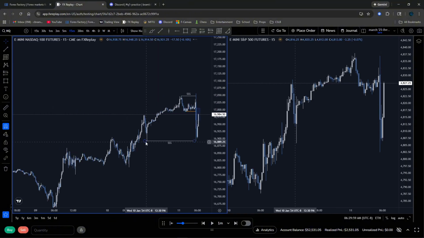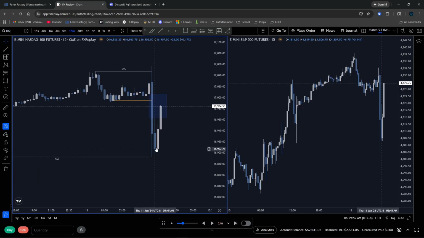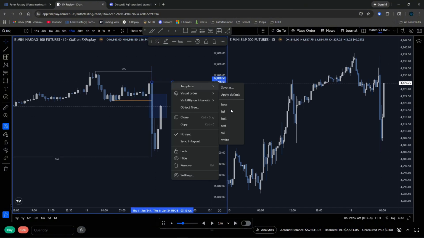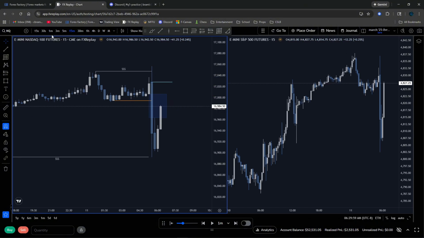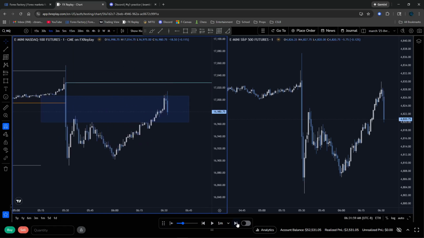Now, again, in situations like this, you really want to be patient with your narrative. Although it barely took this high and is warranting a pretty bullish reaction off it, this isn't bullish until price closes above. That's something you have to keep in mind.